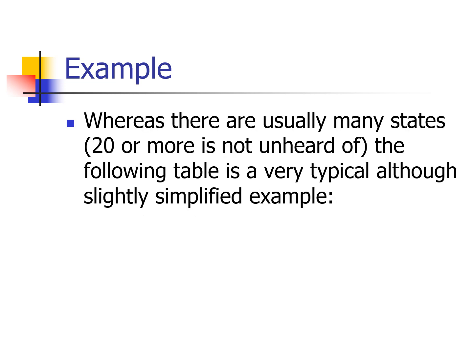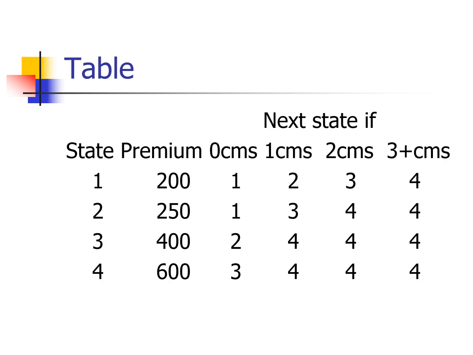So there are usually many states. We might imagine 20 or more states is not unheard of. But the following table is very typical, albeit slightly simplified just to keep the math a little bit more palatable. So this is a common system, just 4 states.